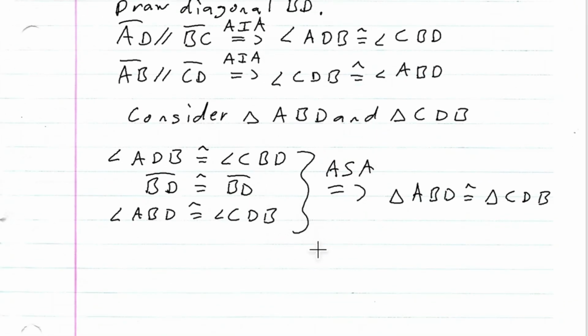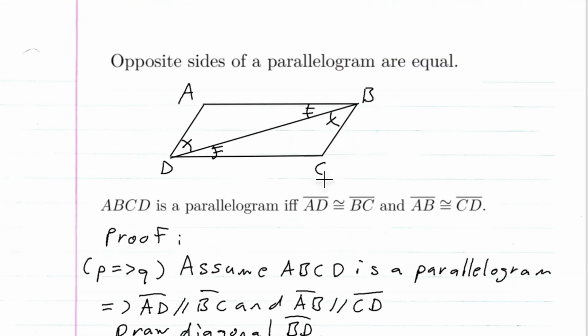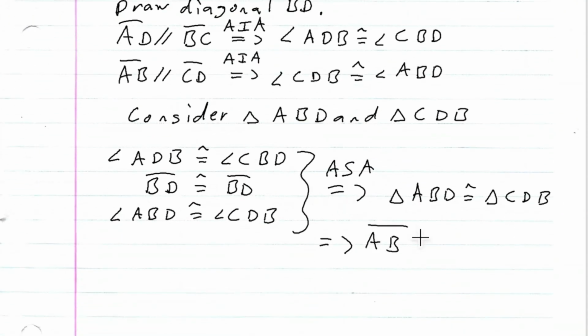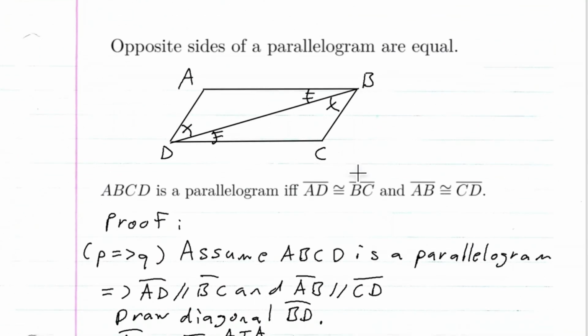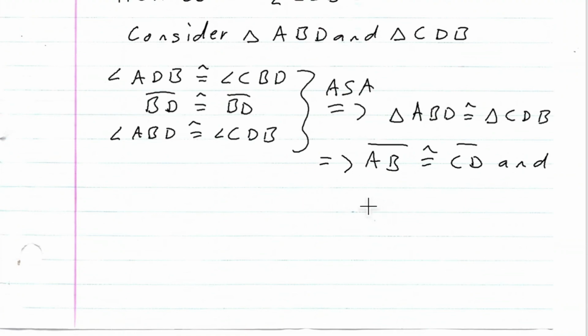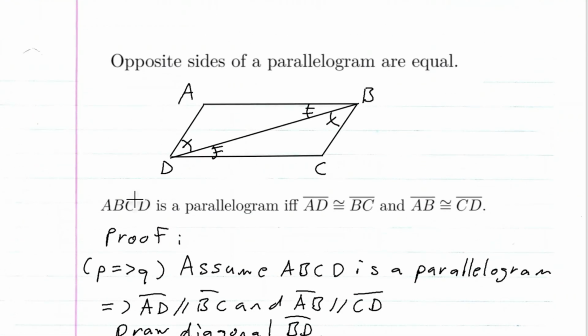So this implies that AB is congruent to CD and AD is congruent to BC. So that's going this way. We assumed that ABCD was a parallelogram, and then we got to the fact that the opposite sides are equal.